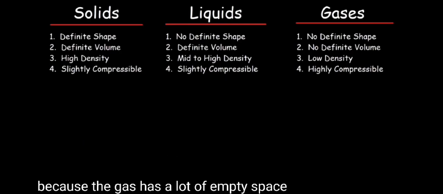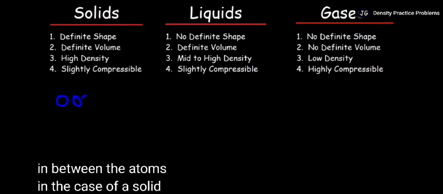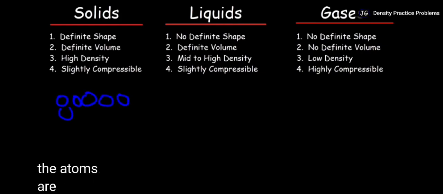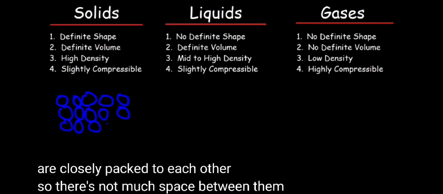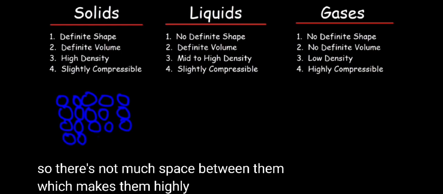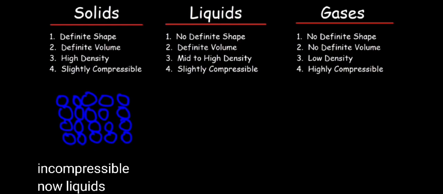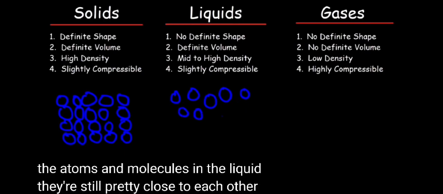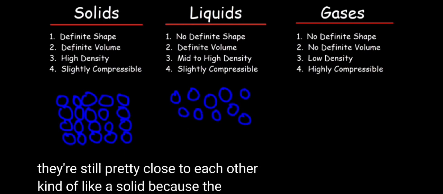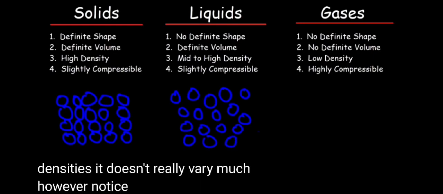Because the gas has a lot of empty space in between the atoms. In the case of a solid, the atoms are closely packed to each other, so there's not much space between them, which makes them highly incompressible. Now liquids, on the other hand, the atoms and molecules in the liquid are still pretty close to each other, kind of like a solid, because the densities don't really vary much.